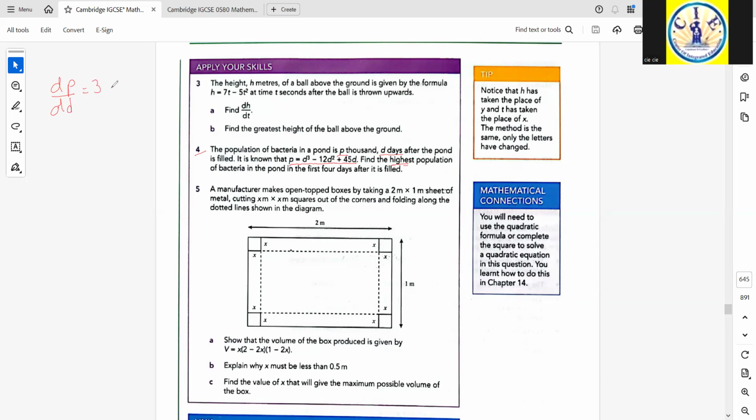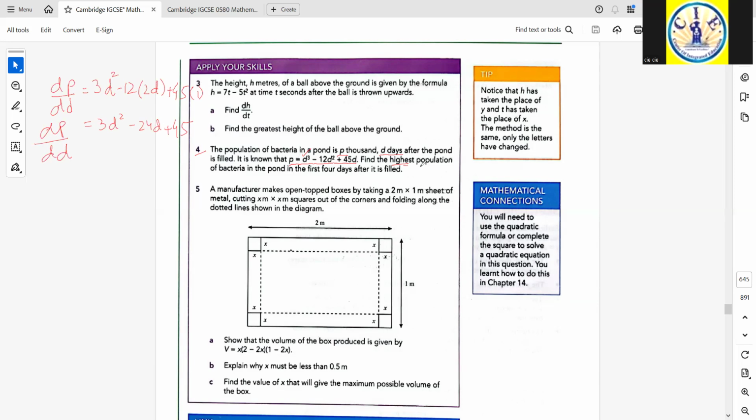So that will give me 3d squared, then 12 times 2d, the derivative of d squared, and then the derivative of 45d, that is going to be 45 times 1.